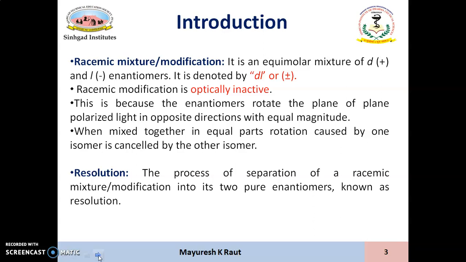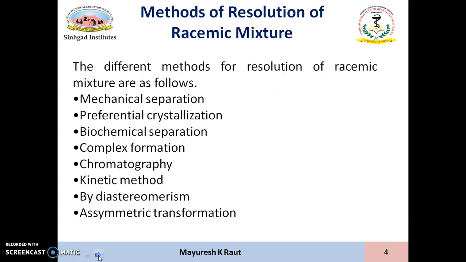Now, what do you mean by resolution? Resolution is the process of separation of racemic mixture or racemic modification into two pure enantiomers. The different methods for resolution of racemic mixture are as follows.